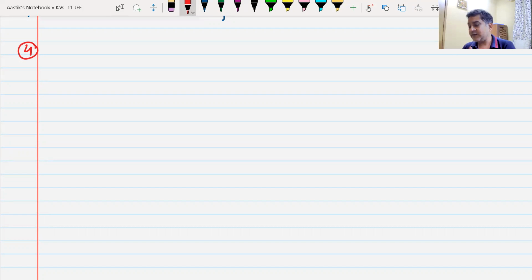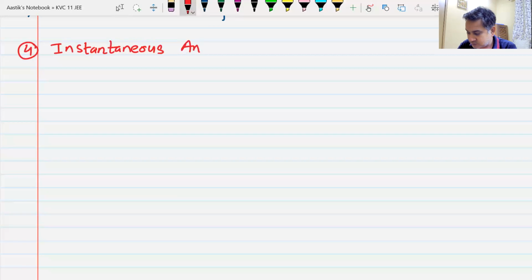What is the next thing that will come? You don't seem to remember anything. That is not a good sign. The next thing that will come is instantaneous angular velocity.